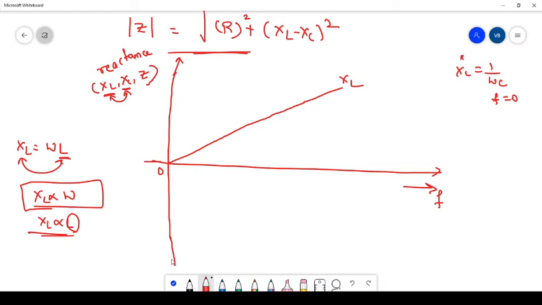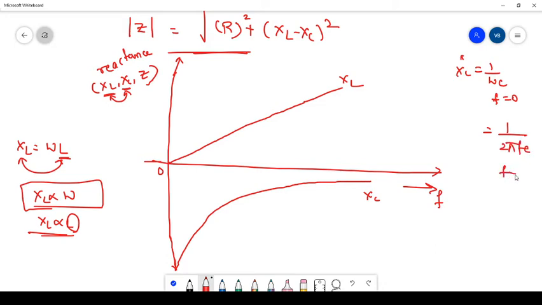Whenever I increase the frequency, the value decreases like this, in an exponential way. Why have I taken the negative side? Because the reactance of the capacitance is negative. Whenever the frequency is low, reactance is infinite: 1 by omega C is 1 by 2 pi fC.